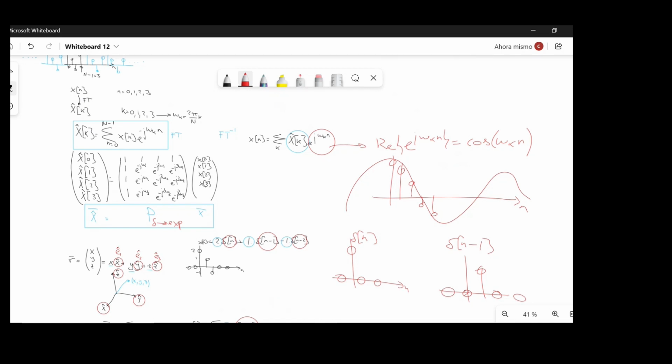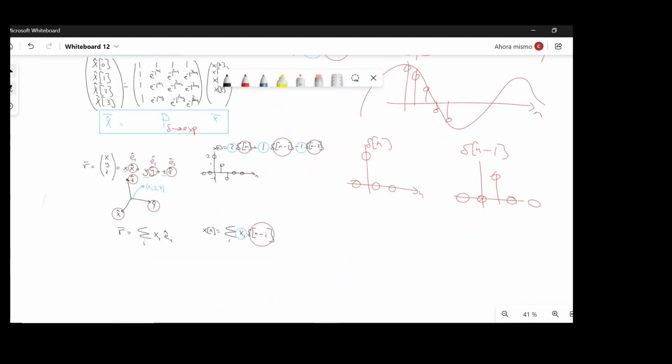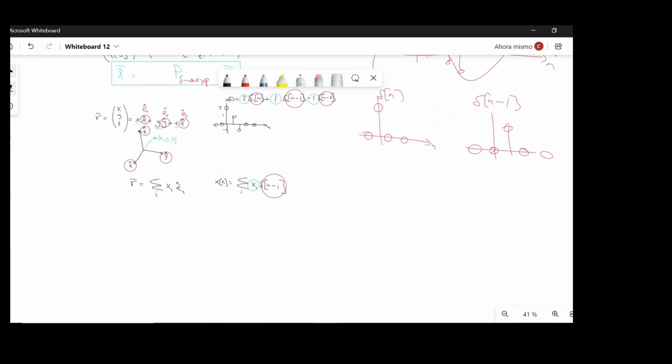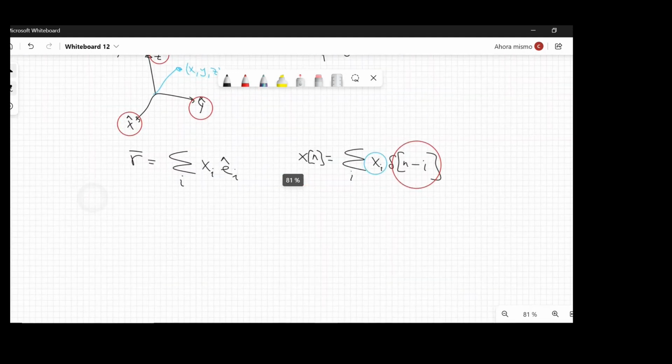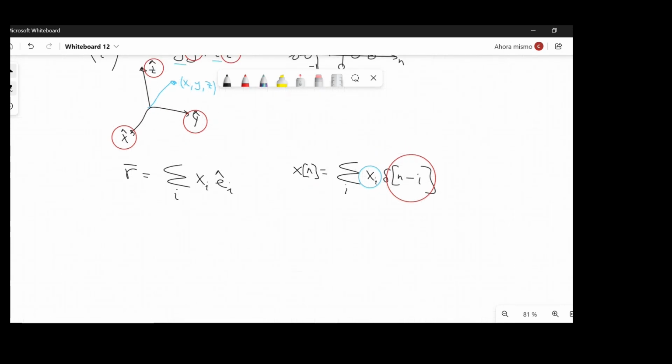Okay, so in general, if you have an orthogonal basis, an orthonormal basis, let's say that you have these bases, the Ei, and you have a vector r.